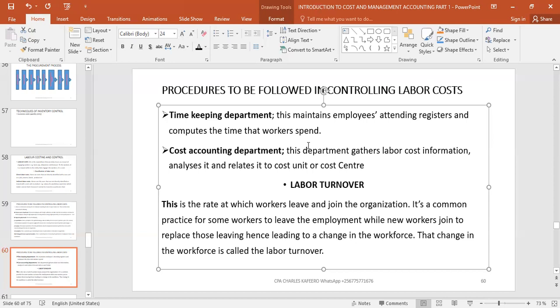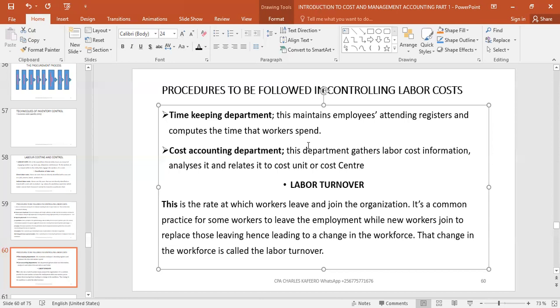Let's say you are paying on a time basis, not on a piece rate or other methods. You may find that someone may forge the time, saying I worked for 10 hours, yet in actual sense someone has worked for 8 hours. So we make sure we compute the exact time someone has been at the organization, and we multiply by the payment.